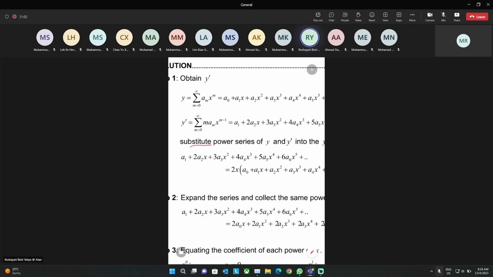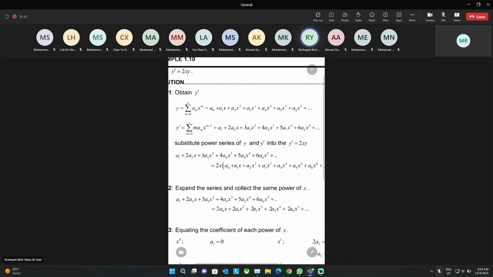And then substitute the power series of y and y prime into the given y prime equal to xy. This is based on what you have in the question. So on your left hand side, a1 plus 2a2x and so on, that is y prime here.